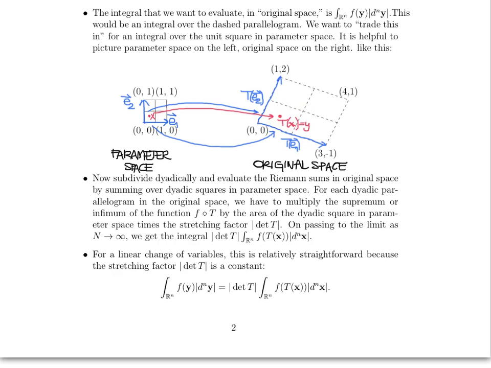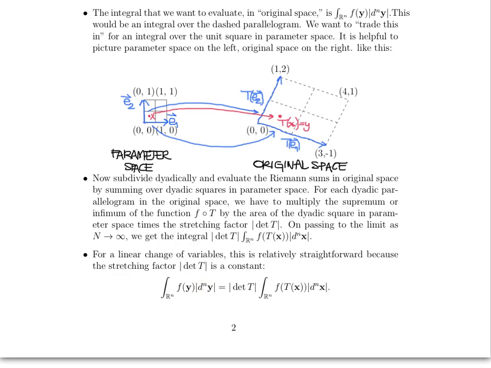And then we also turn our eye to this term right here. This indicates infinitesimal increments dx dy in the original space, but of course in the parameter space it's going to be d of whatever our new variable is and d of whatever our new second variable is, and there's going to be a relationship there between the infinitesimal volume in the parameter space versus the infinitesimal volume in the original space.